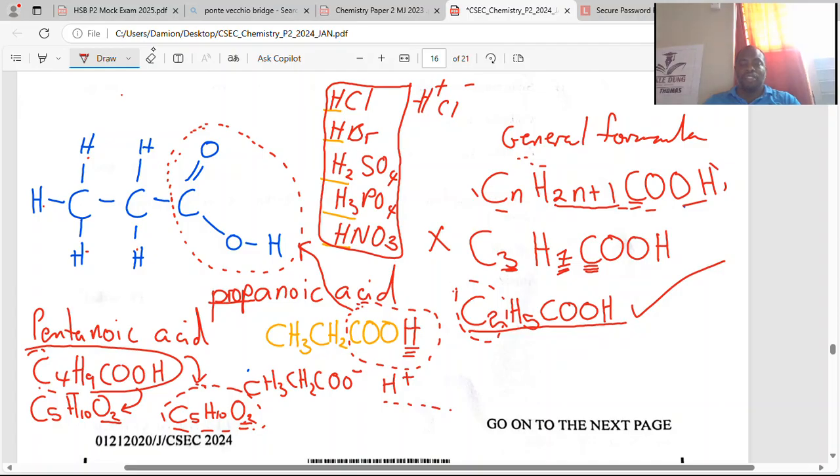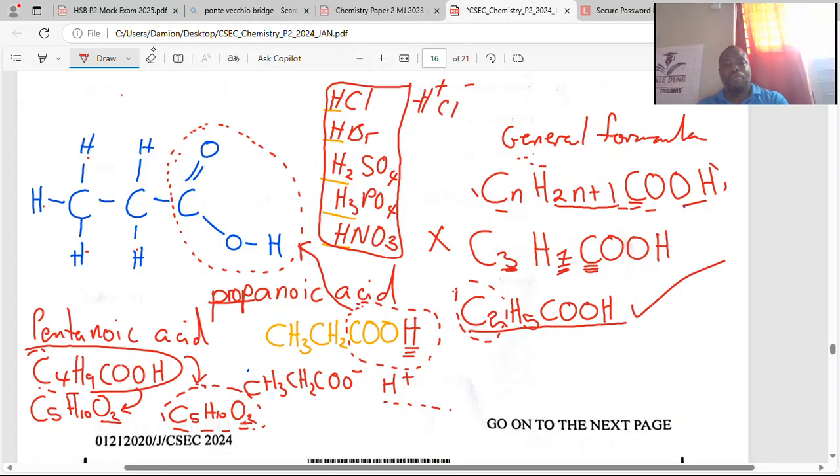So again, I want to run through it just in case, because of the concept of how we illustrate the acids. When we say CnH2n+1, for n we use one less carbon in the formula. So if the compound had two carbons, for n we use one.